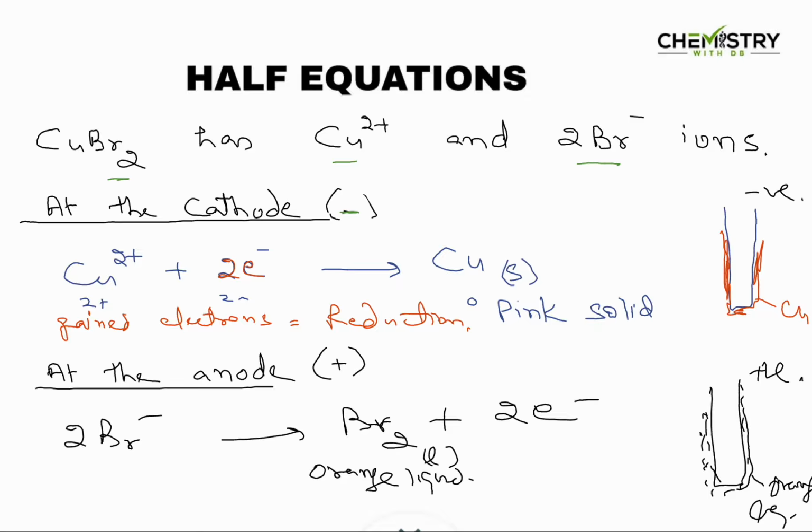On the other hand, bromide ions here have lost electrons. Therefore, it is oxidation, because loss of electrons is oxidation, gaining electrons is reduction. So I hope you were able to understand the electrolysis of molten ionic compounds. For the rest of the ionic compounds also it will work exactly in the same manner.